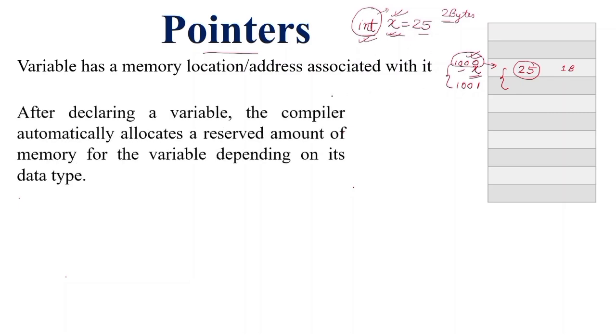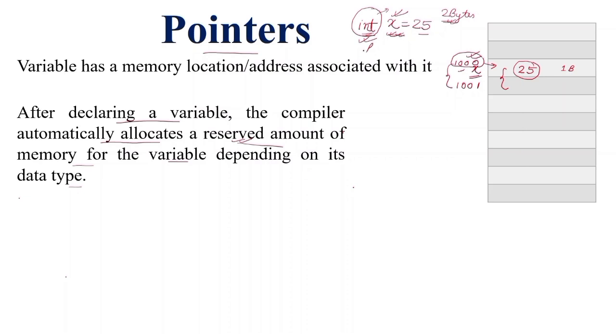Next we will see that after declaring a variable, the compiler automatically allocates a reserved amount of memory for the variable depending on its data type. Reserved amount of memory means if it is of integer type, then 2 bytes are allocated.